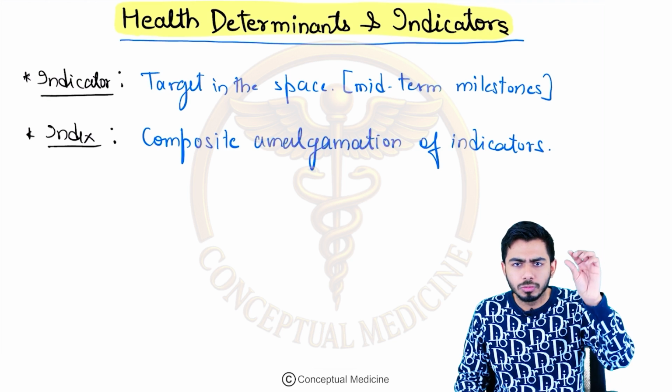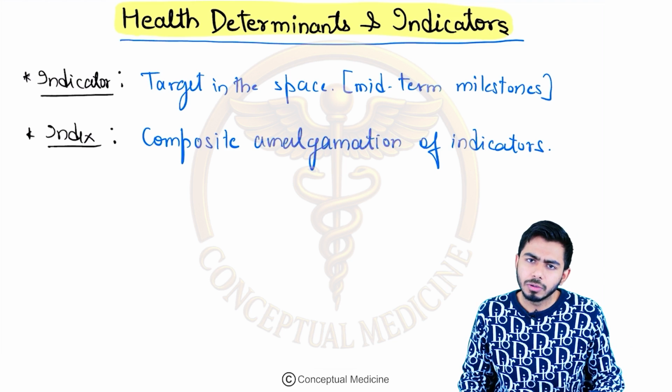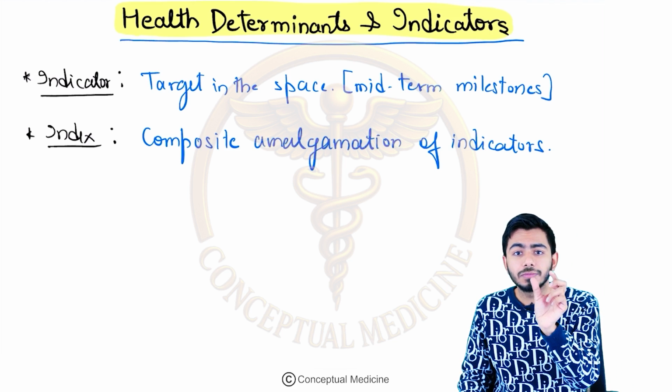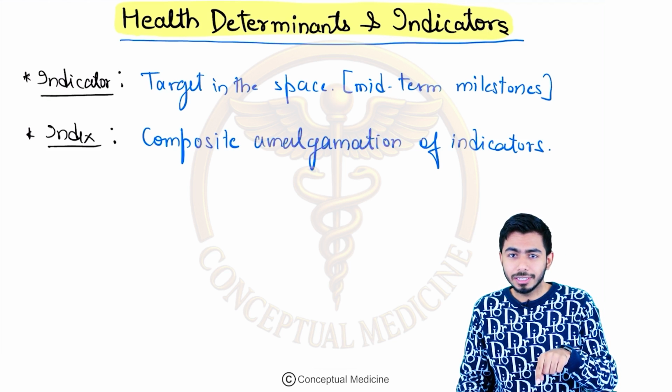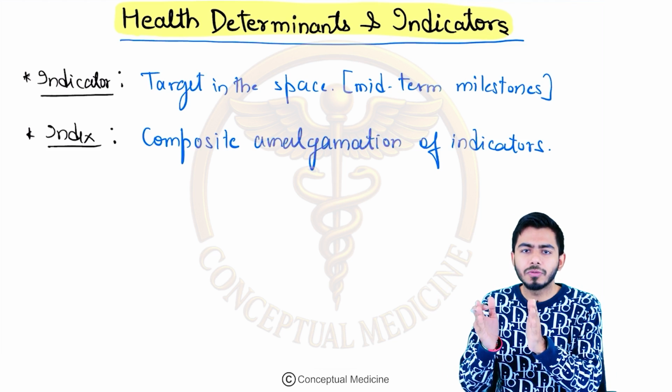So different stocks are there, right? You might be hearing about the Nifty 50 or the Sensex. The Nifty 50 is the index. And what I told you, index in our case is the composite amalgamation, or the sum-up of indicators.